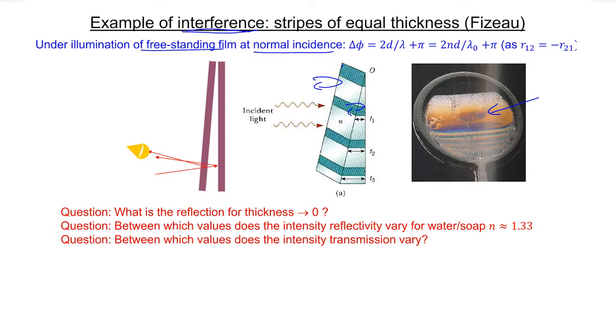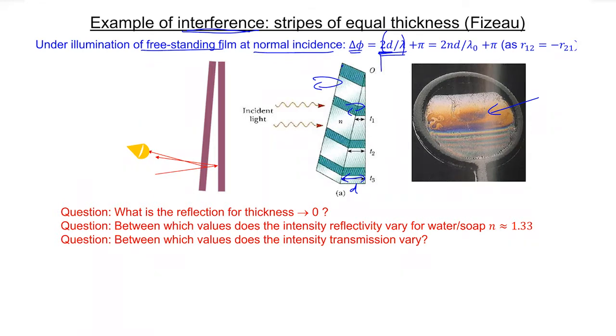And this phase difference primarily depends on the path length difference in the film. So if you have a film thickness D, then the path length difference between these two paths is 2D. And to convert path length difference into a phase difference, you have to divide by lambda.